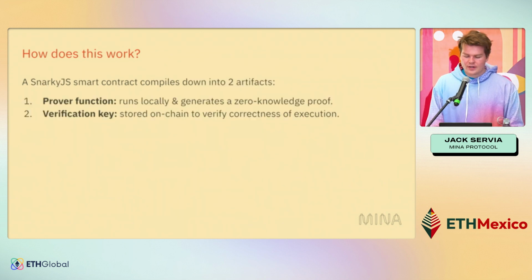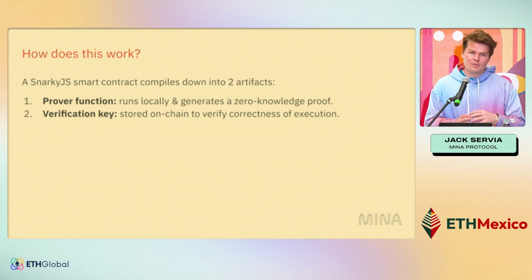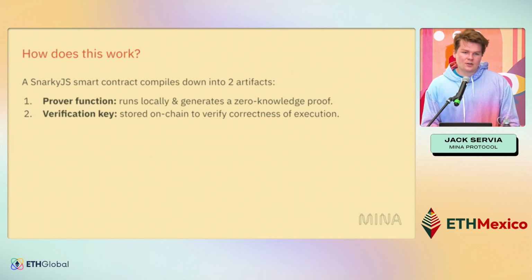So the snarky.js contract is written in TypeScript, and it eventually compiles into two things. One of these is a prover function, which is what the users will actually run when they interact with your application. This is what runs in their browser. It will do what you tell it to do, but then it'll also generate a proof that it did what you told it to do correctly, and that's what will get sent to Mina. It'll also generate a verification key, which is the thing that actually gets stored on Mina and commits to the business logic that's in your smart contract.